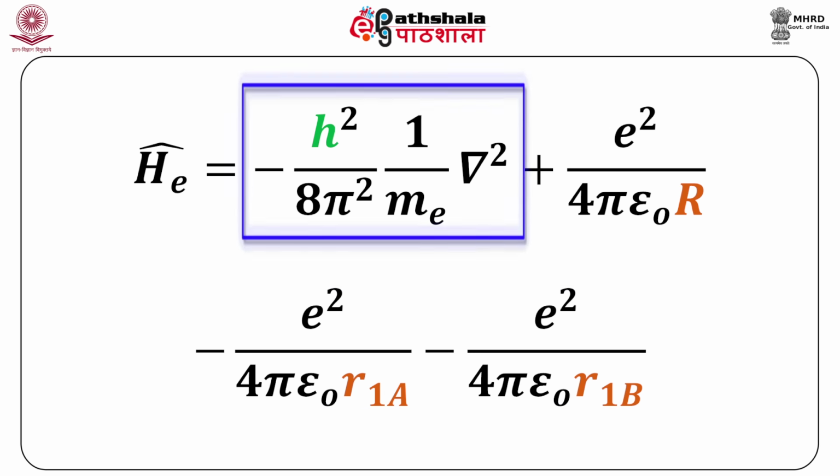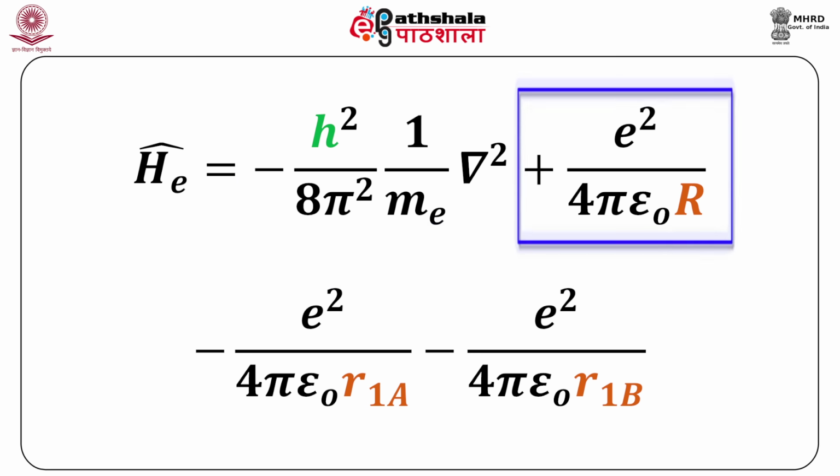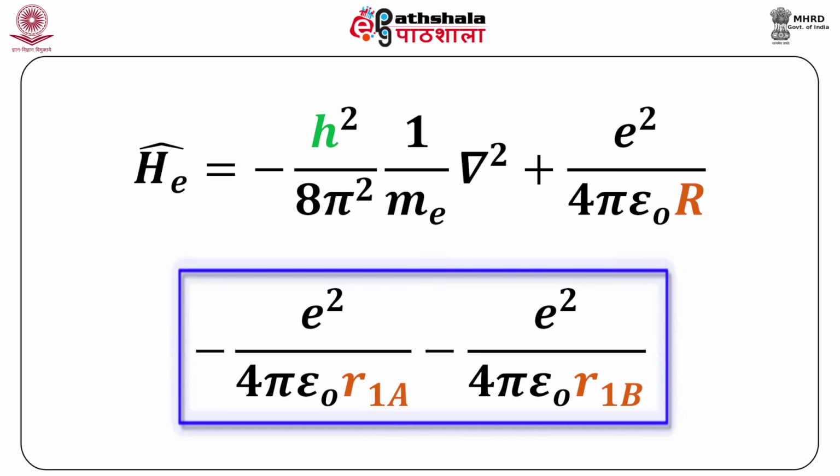The first term here is the kinetic energy of the electron, the second term represents the nuclear repulsion term, and the last 2 terms are electron-nucleus attraction terms.